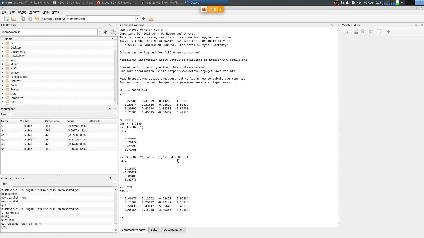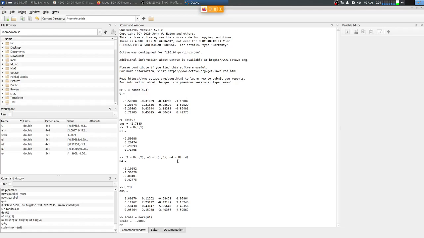So the first vector is very simple, we just have to normalize it to unit length. So normalizing to unit length, the scale factor is norm u1. So this is the length.